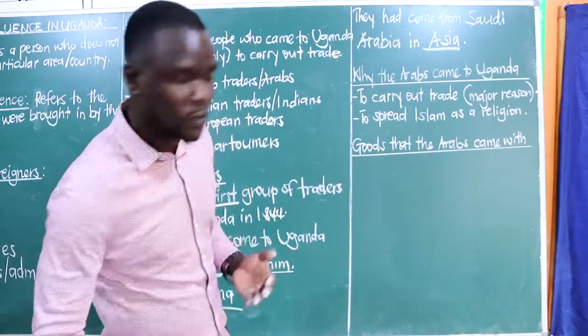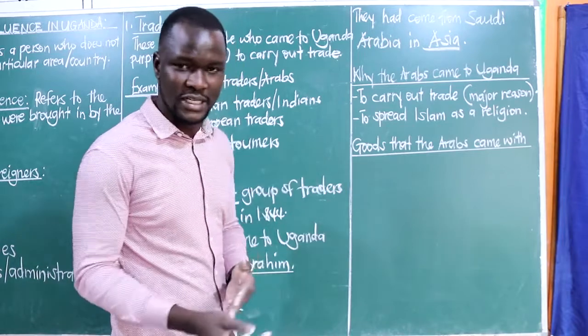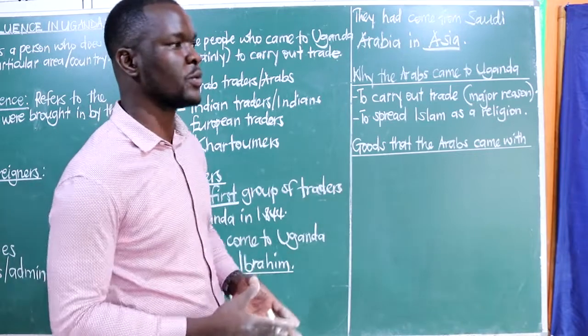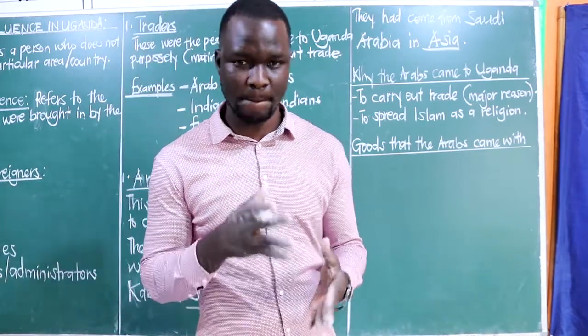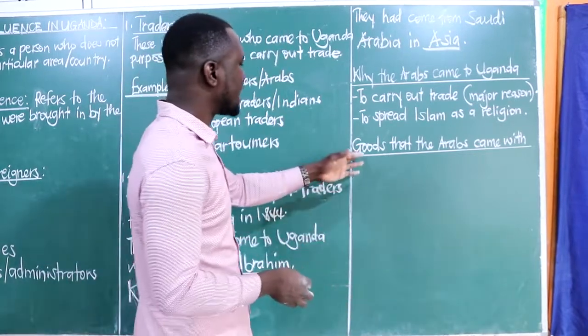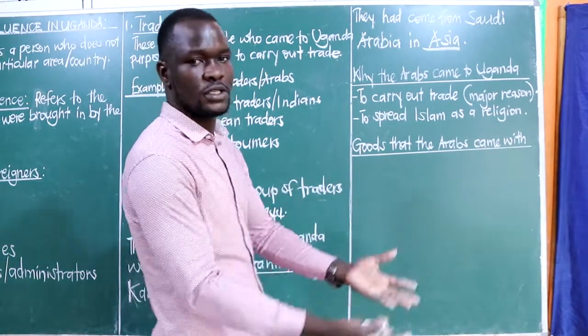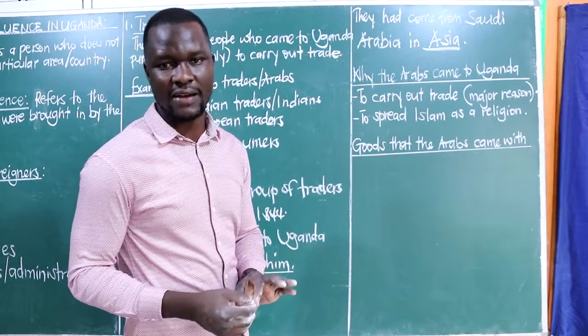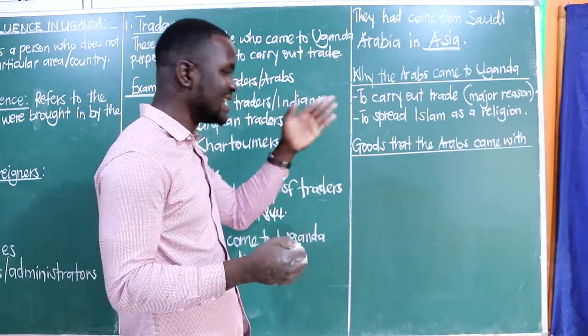So that is what we shall be calling barter trade. Barter trade, exchange of goods for goods without involving the use of money. So these Arabs had come with their goods that they wanted to exchange with the ones that the Ugandans had.